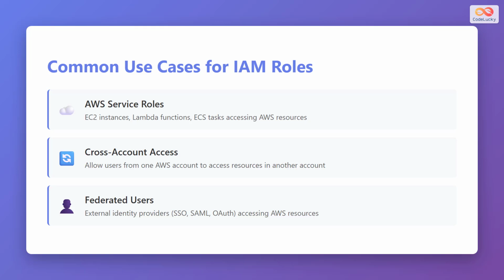Second, cross-account access, which allows users or services from one AWS account to access resources in a different AWS account. This is crucial for organizations managing multiple accounts. Third, federated users, where external identity providers like single sign-on systems, SAML, or OAuth can authenticate users who then assume roles to access AWS resources temporarily.